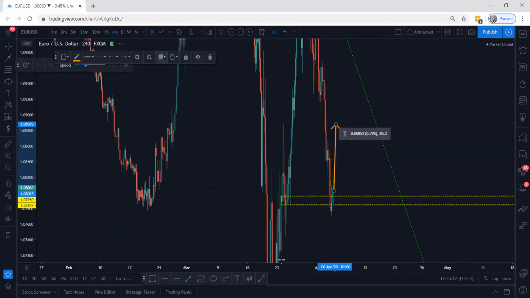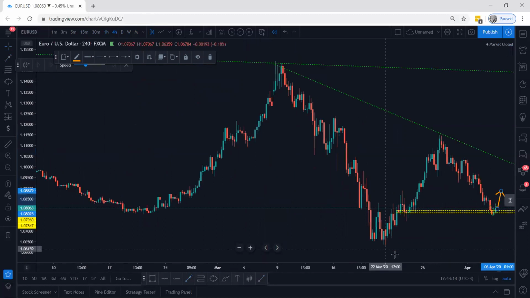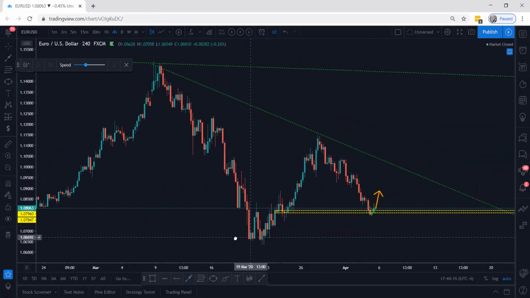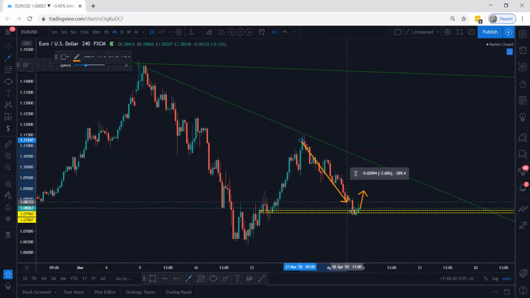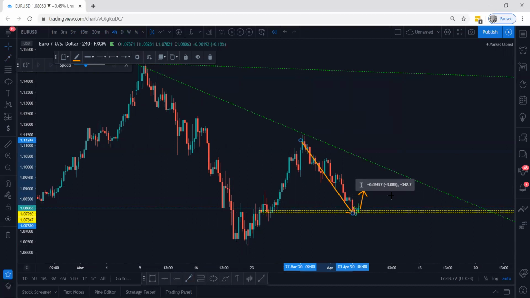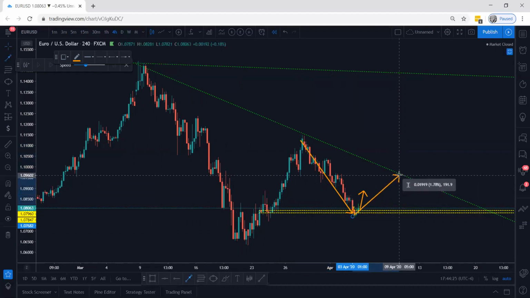Now, yes, we are in an overall downtrend, but knowing what we know about market structure, we have an impulse. We are due a correction, which would be a buy.